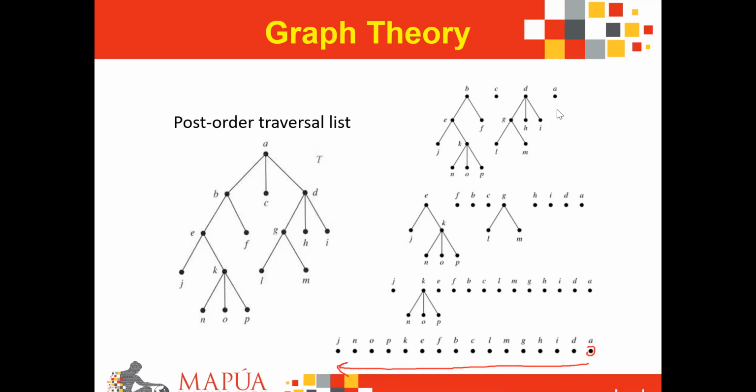starting with the root vertex A, which is seen on your rooted tree as this.